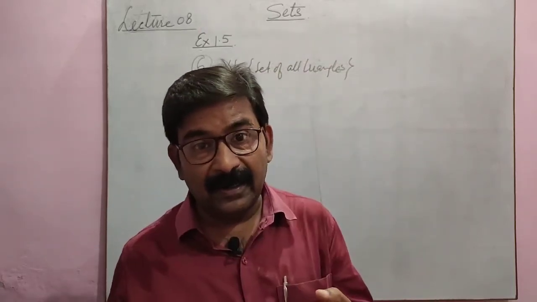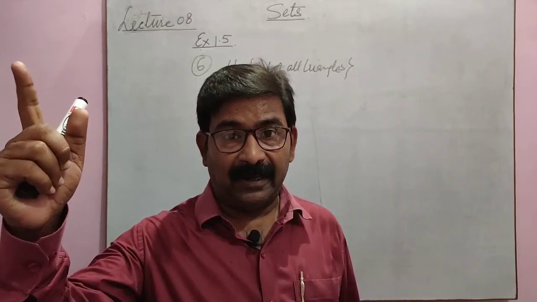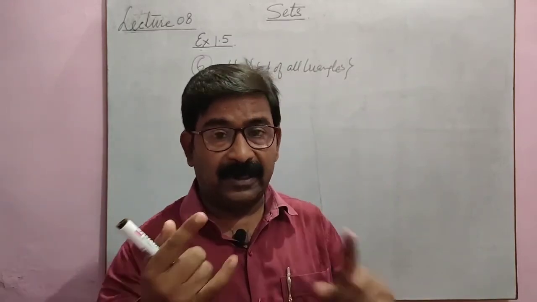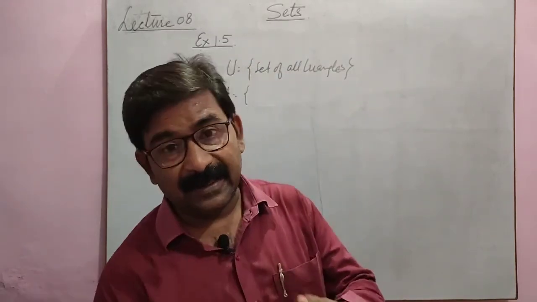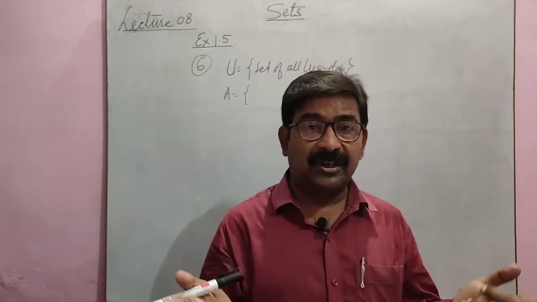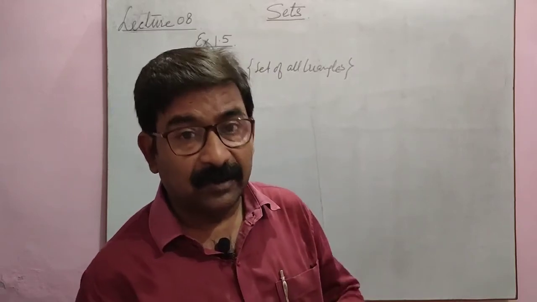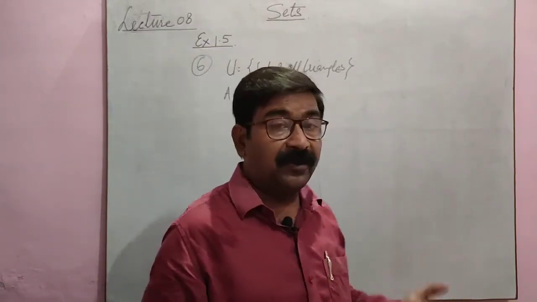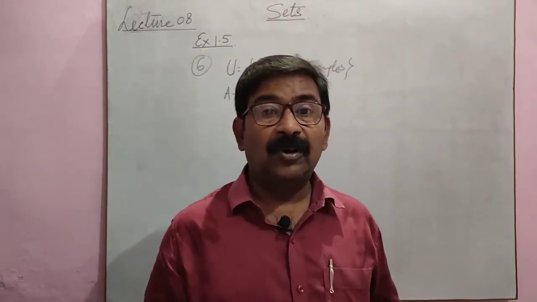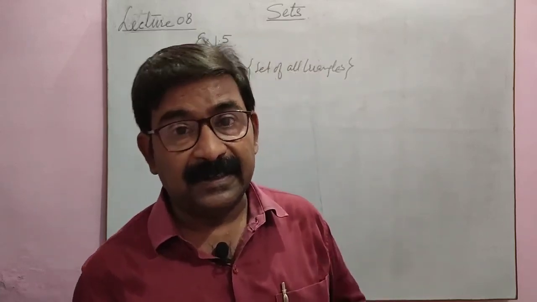At least one angle, then its complement is all angles. So if all angles of a triangle are 60 degrees, it means it is an equilateral triangle. Got it? This is your answer.